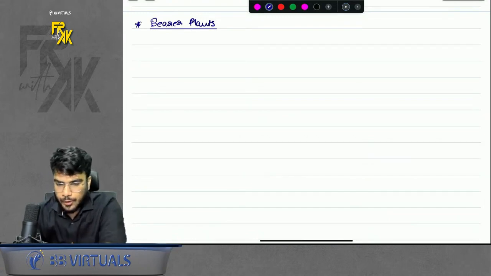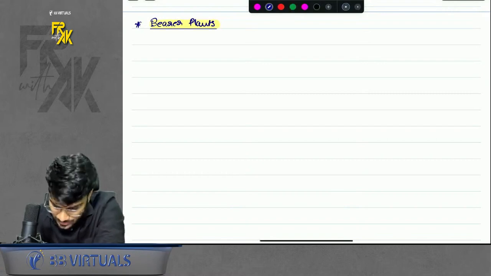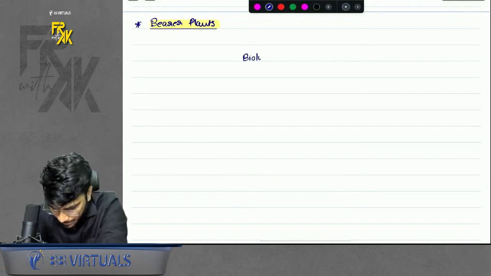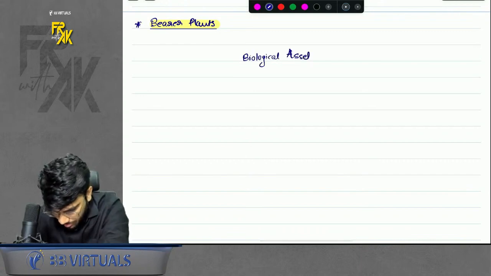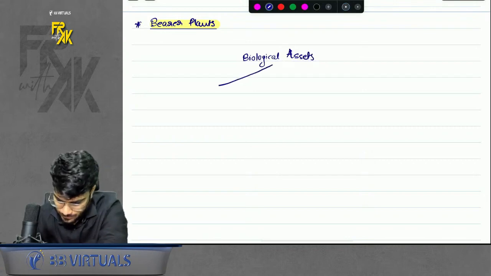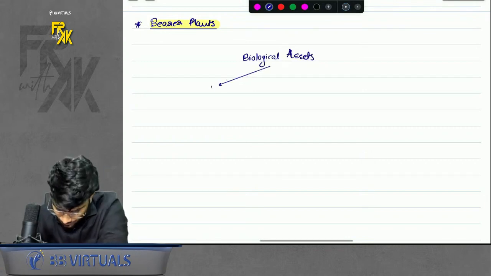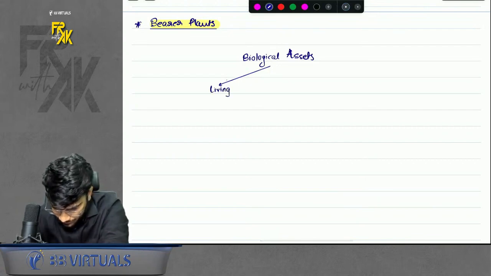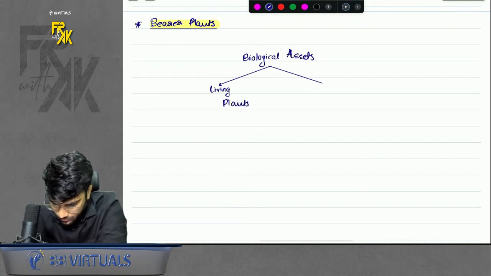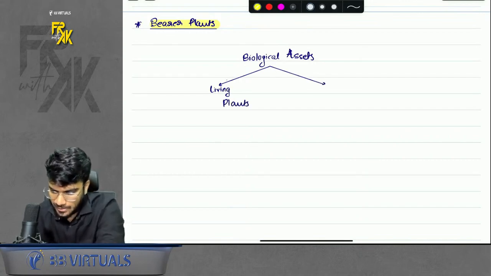Now, to understand what are bearer plants, we need to understand one concept, and that is known as biological assets. Now, what is the meaning of biological assets? It means either a living plant, or one more thing, which generally our parents consider us to be.